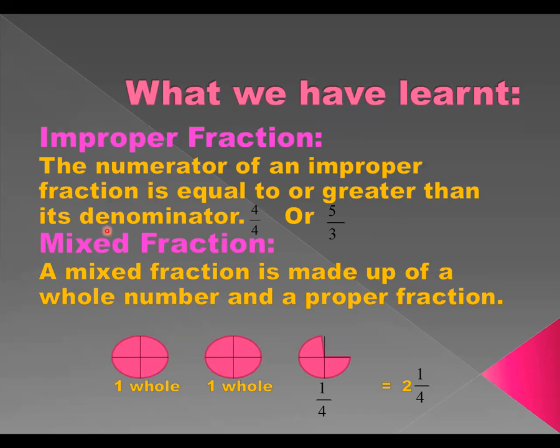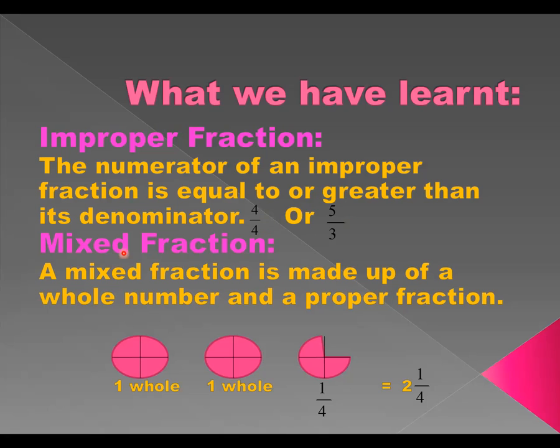The numerator of an improper fraction is equal to or greater than its denominator. As you can see, I have shared some examples over here. An improper fraction is a fraction in which your numerator is greater than your denominator, or equal to your denominator. For example, 4 upon 4 or 5 upon 3.